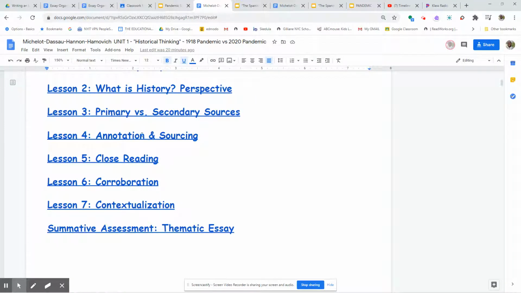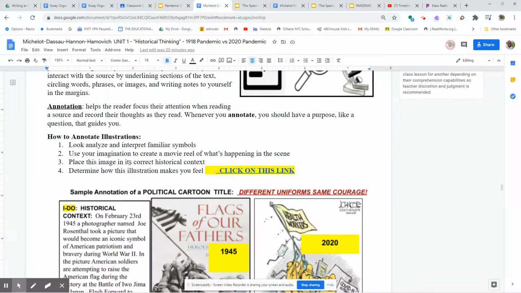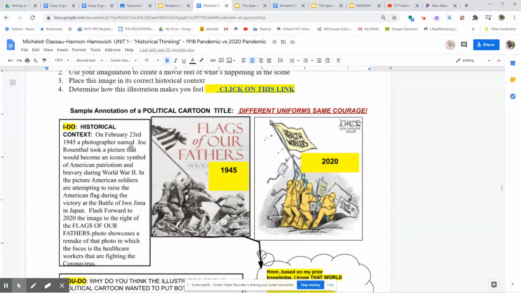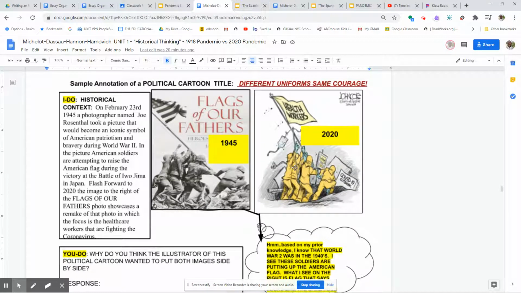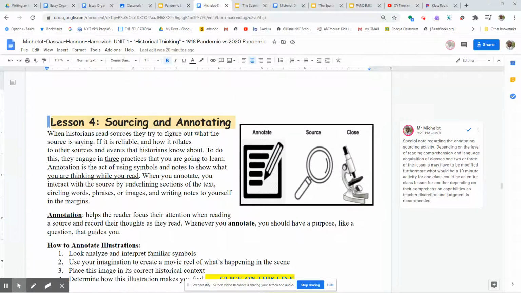Let's say I want to focus on the annotating sources. Now, in this lesson, if you remember, we saw the image of the flags of our fathers and the healthcare workers. This shows evidence, the healthcare workers, that despite the problems with the pandemics, people were able to unite together. So I could use this lesson, sourcing and annotating, to support my position.